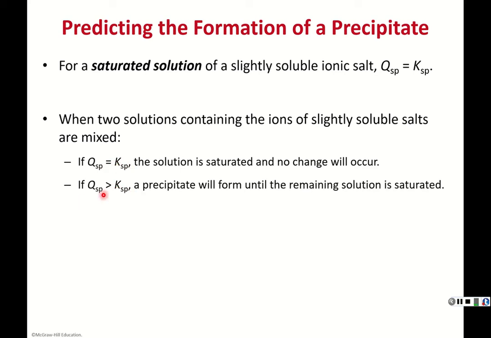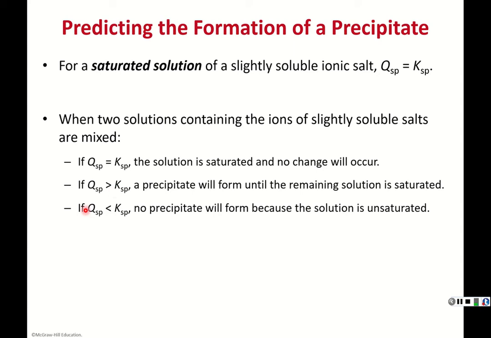If Qsp is bigger than Ksp, what does that mean? Remember, those expressions are the products. If the products are higher in concentration than they should be at equilibrium, that means the solution is oversaturated, so it's going to precipitate until it reaches saturation, until Qsp equals Ksp.